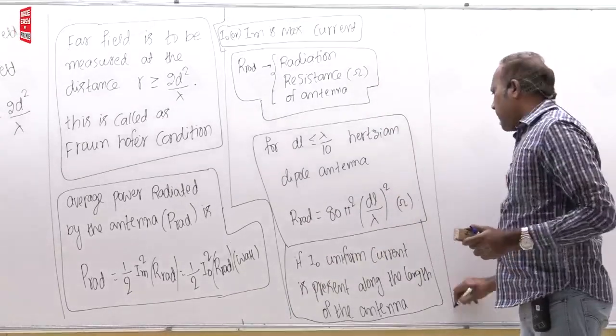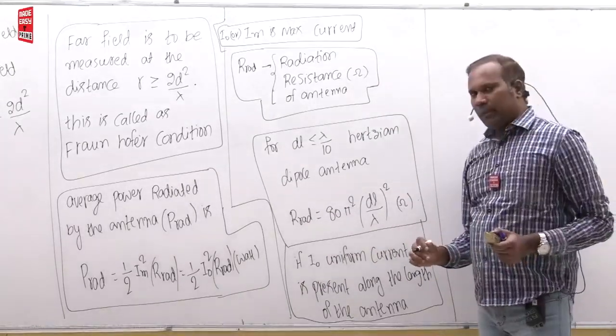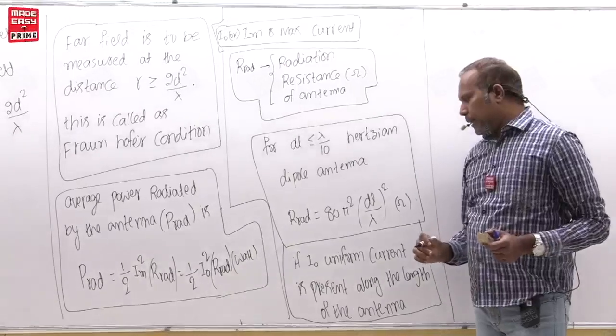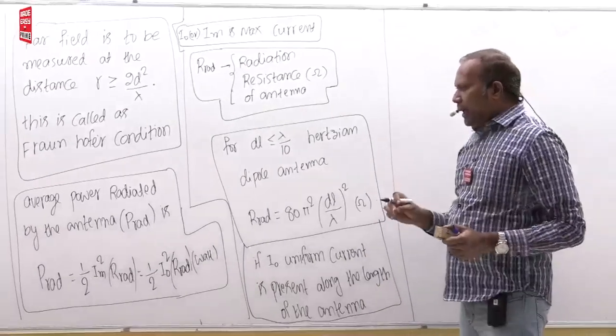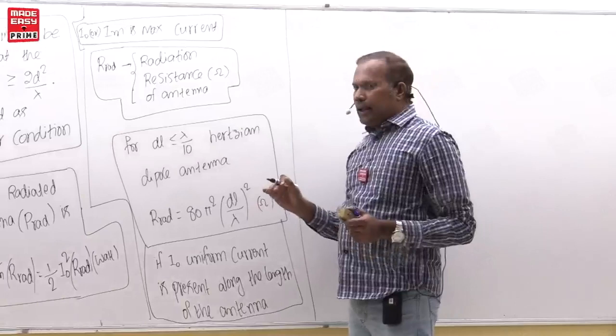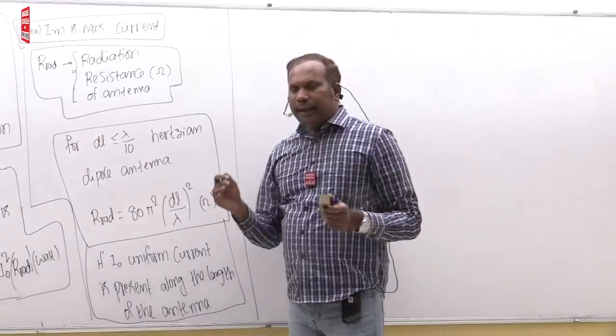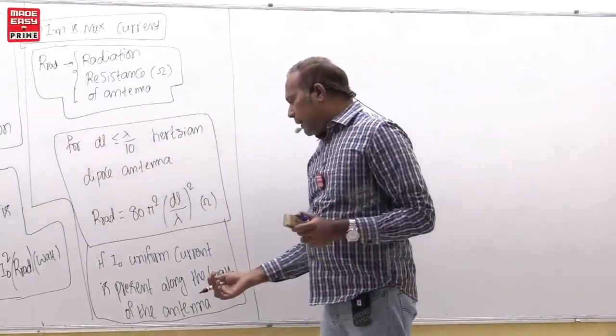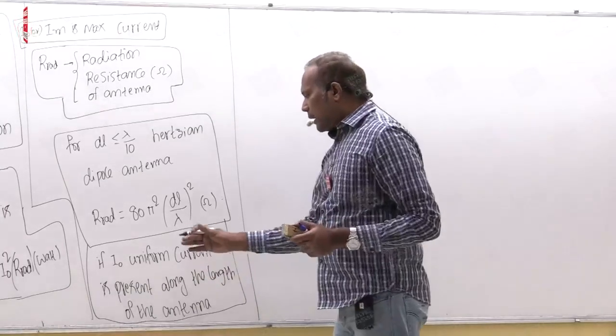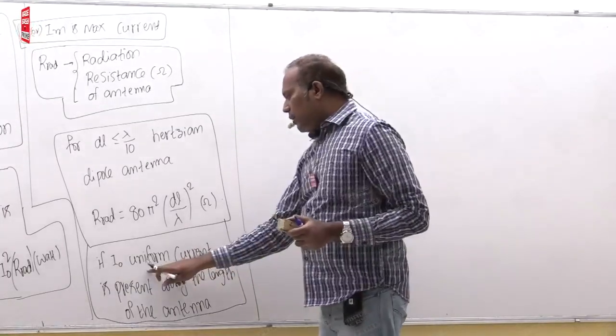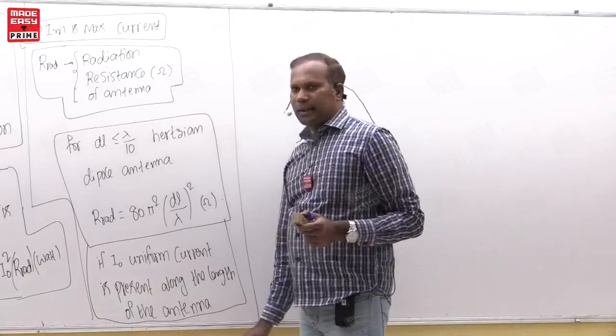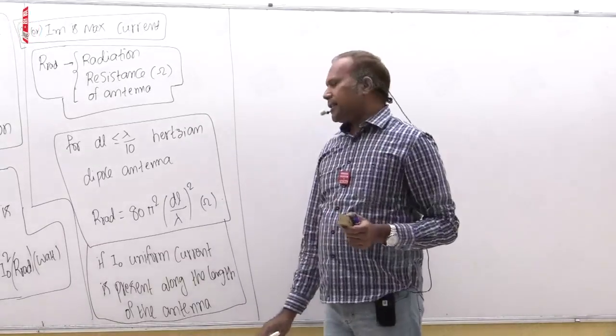But what Balani book says: if the length is a little more, it is difficult to maintain the uniform current, or otherwise constant current. This uniform current is also called constant current, so not a function of distance.